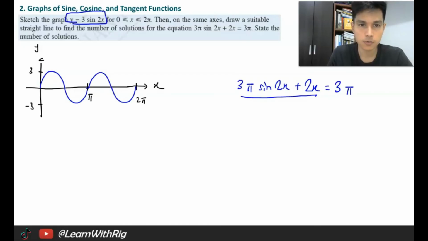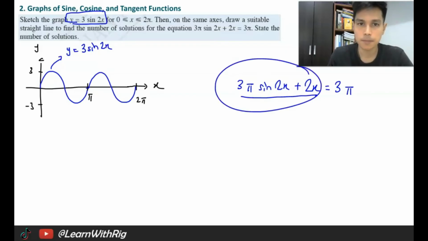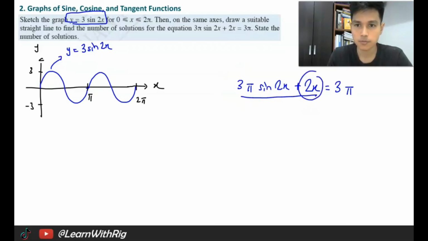Okay, the original equation of this graph is y equals to 3 sine 2x. Correct? So how are we going to make this become this 3 sine 2x? So you have to remove what? You can remove the 2x first. Okay, remove this. So it becomes 3 pi sine 2x equals to 3 pi minus 2x.